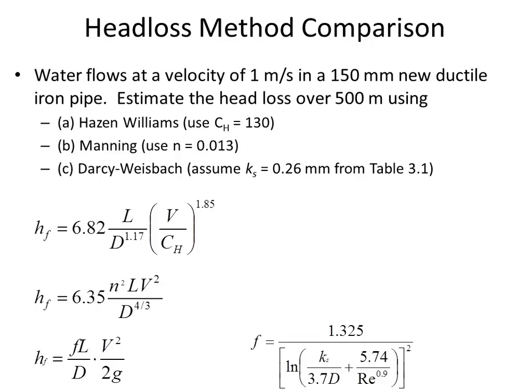It's flowing at 1 meter per second, and the roughness coefficient of 130. Okay, so if we do it, then we end up with this first term here is going to be 31,385. I like to break it up into pieces like this because I find it easier to double check my work when I keep track of the intermediate quantities like that. So it is 3.85 meters of head loss.